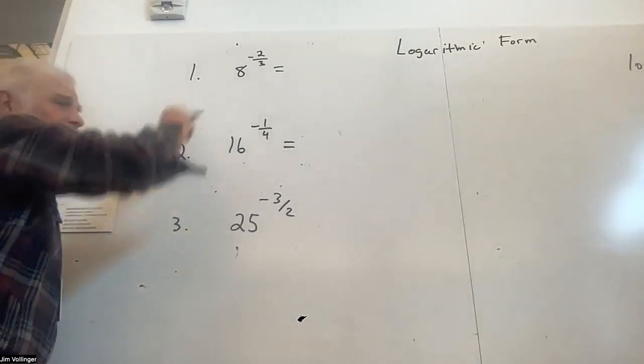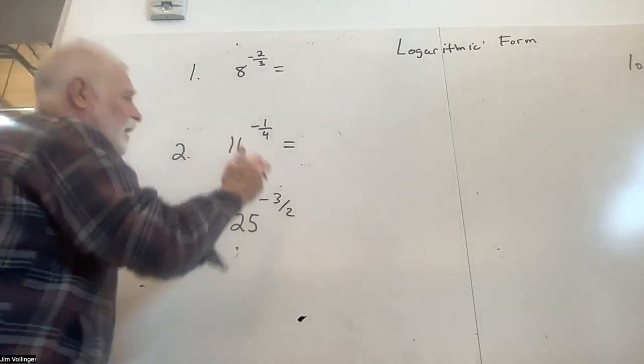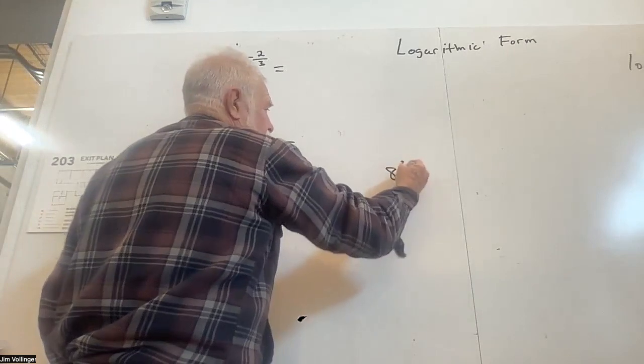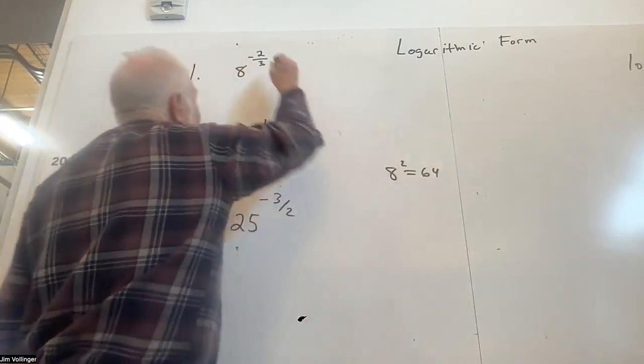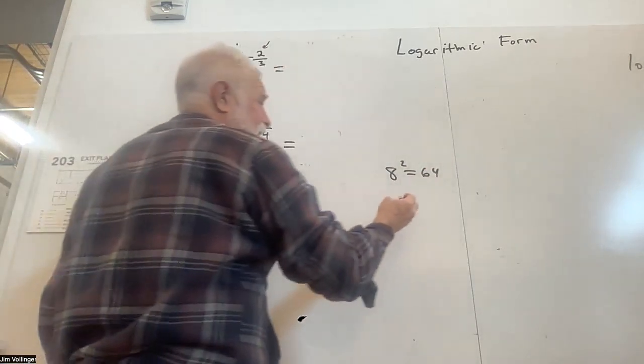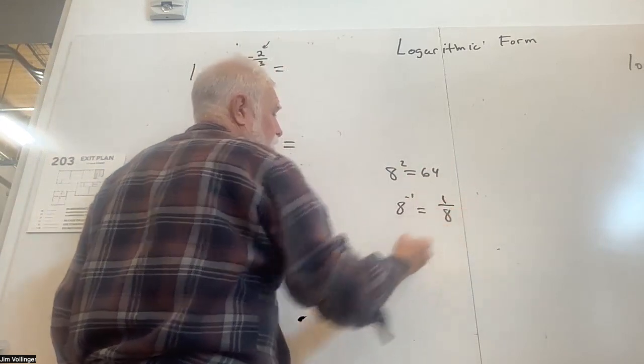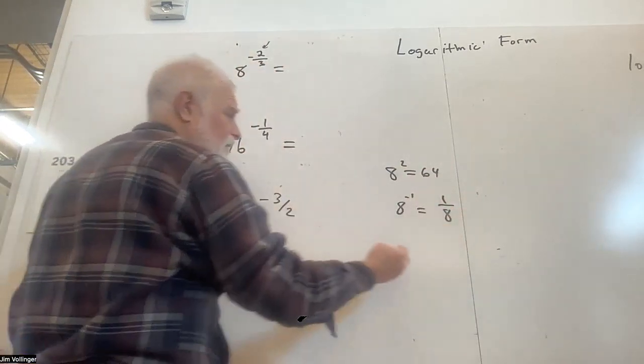So you're pausing the video, 8 to the minus 2/3. Well, I think you know what 8 squared is. 64. I don't think that's a problem. I think you know what a minus sign is now. 8 to the minus 1 is 1/8. Okay, but what is 8 to the 1/3?